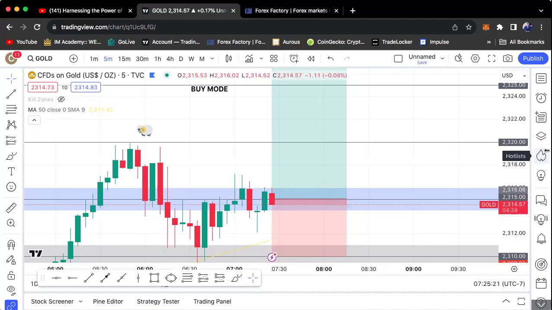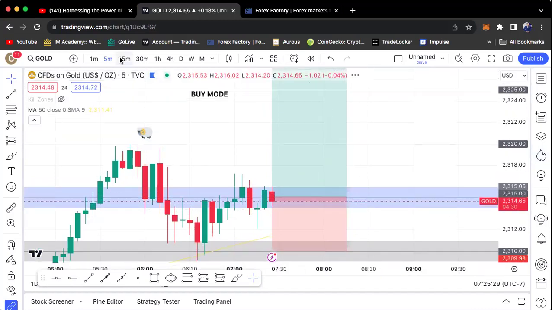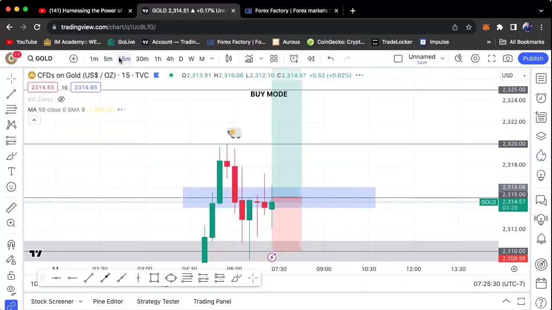You guys can either wait for that bullish 15-minute candle. It's still giving me a bullish 15-minute time frame.